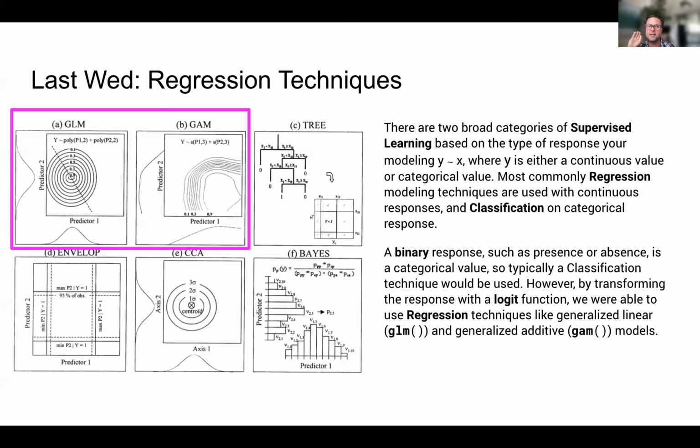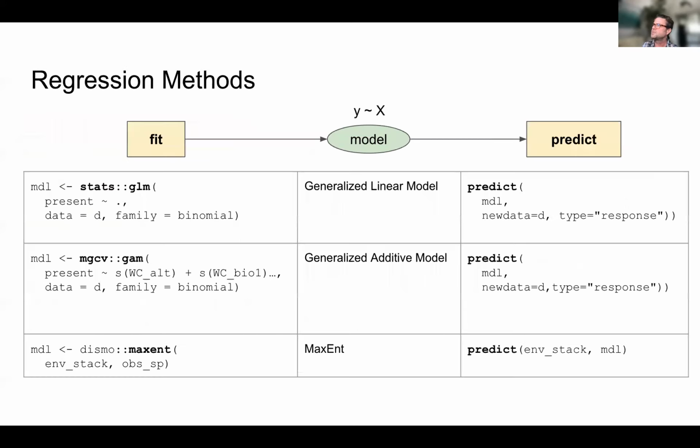So it's not strictly exclusive, but it's generally associated with these different types of responses. Regression tends to be used more for continuous response, and classification is generally for a categorical response. So today we're going to treat presence and absence as a category.